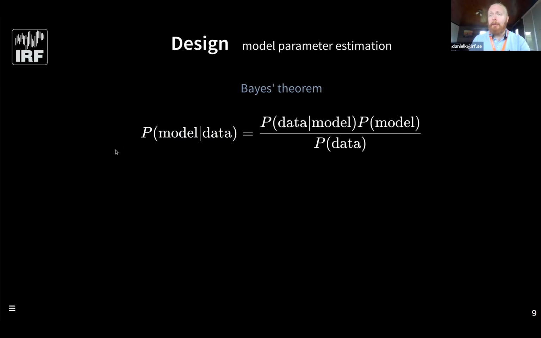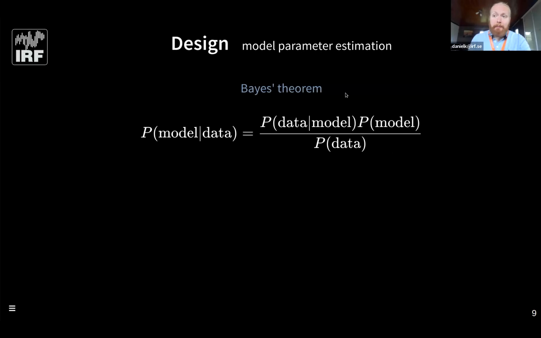And that basically tells you what's the distribution of possible models that fits the data well. This is the probability of the model. That's called the prior. Since we don't know anything about the meteoroid before it hit the atmosphere, this is flat. This probability of the data, that's just a constant. Ignore it. So what's left is this thing, the probability of the data given the model.